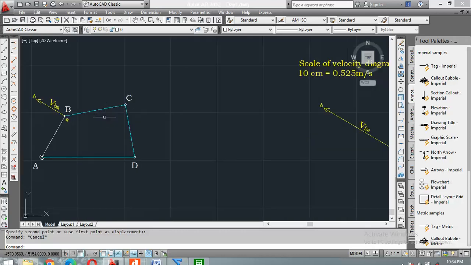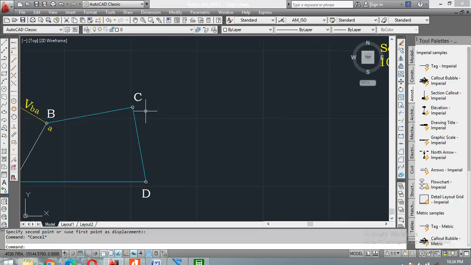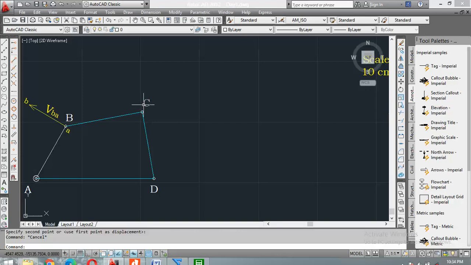For marking the point number C, if we observe, point number C is common on link number BC as well as on link number CD. C point BC link पर भी है और CD link पर भी है. So first of all, let us consider this C point on BC link. चलो C point को पहले BC link पर consider करते हैं.